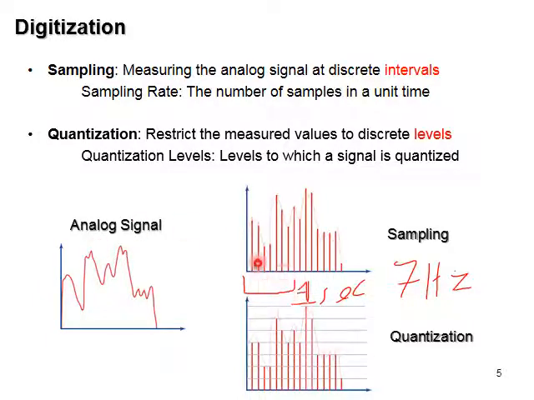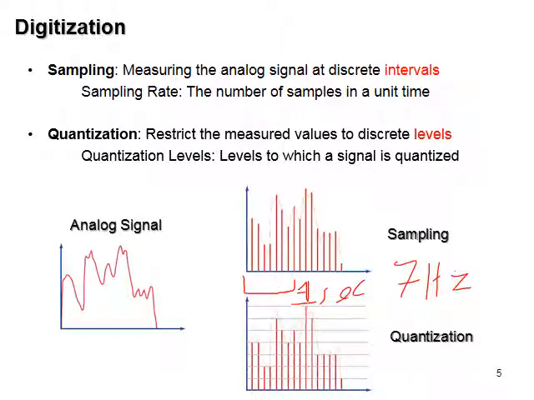Now if you take those samples according to this sampling rate, which, if we assume again this is 1 second, then you have 7 samples per second, which is 7 hertz. If you look at those samples, it's as if you're measuring the value of the signal at this point, and then at this point, at this one, and so on. So it looks like this kind of sampling is capturing all the ups and downs of that signal.